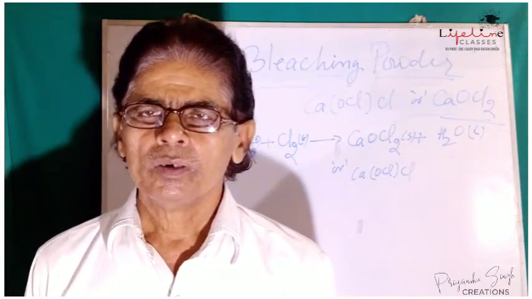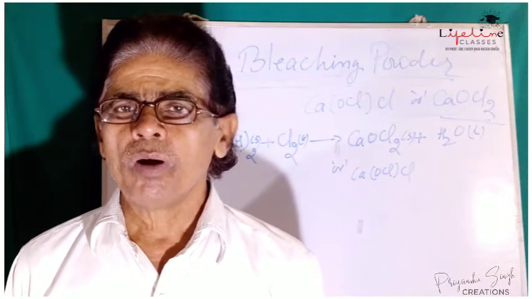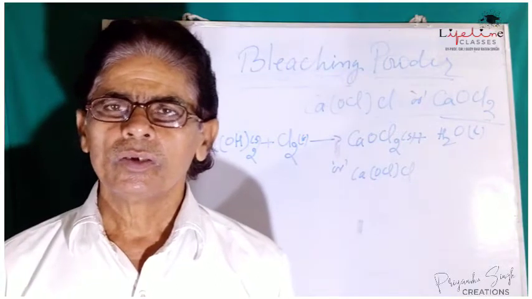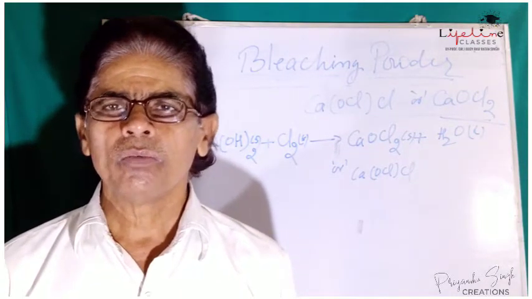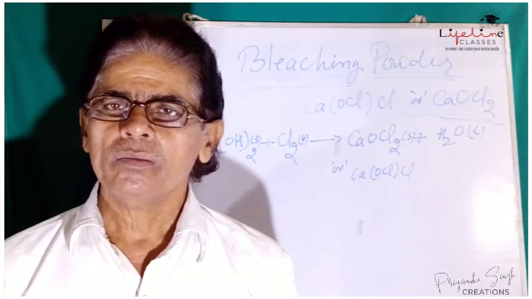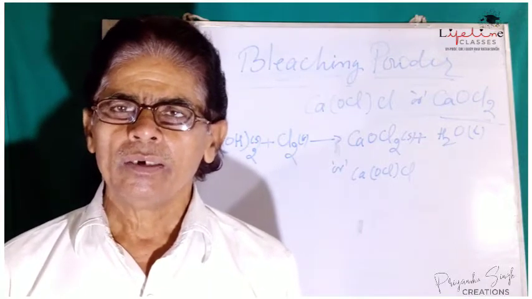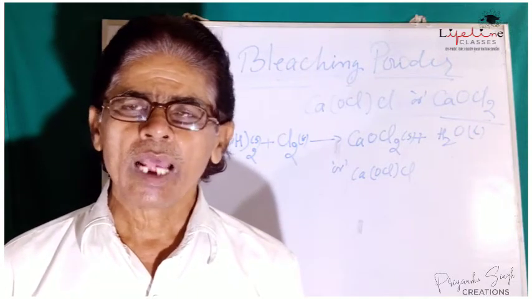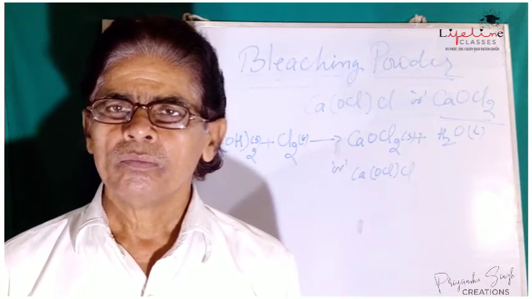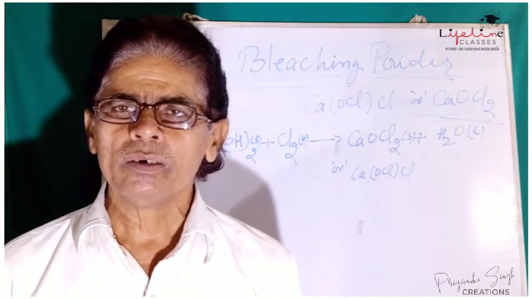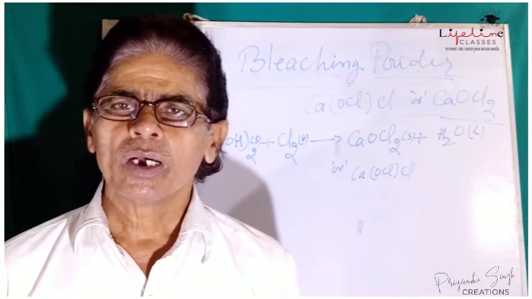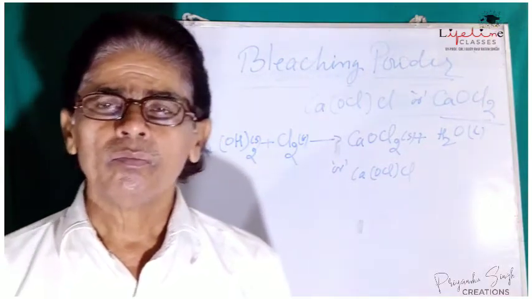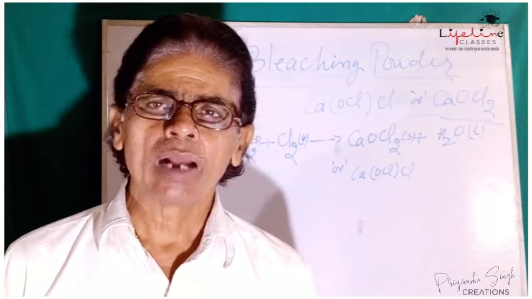Now let us come to know about another very important chemical compound, that is sodium bicarbonate, which is commonly known as baking soda, and the related compound which can be obtained from it by heating, that is sodium carbonate.